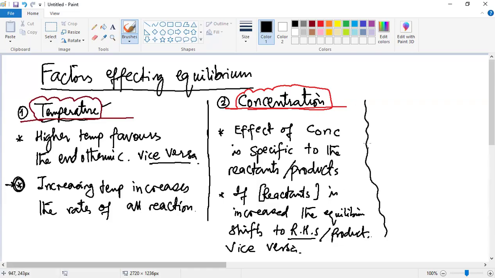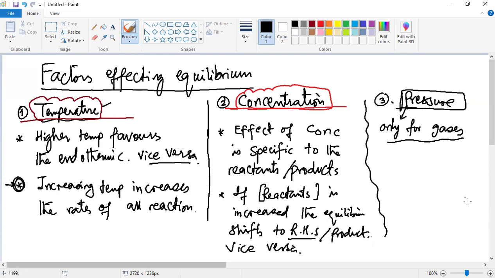The third important factor is pressure. So let's list that point also. I'm sure you remember that pressure is only for gases. I mean, concentration and temperature apply to all reactions actually, but pressure is only for gases. Such reactions which include gases, only their equilibrium is affected by changing pressure.